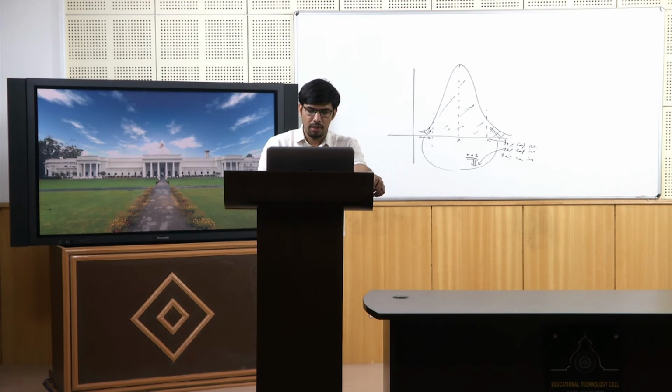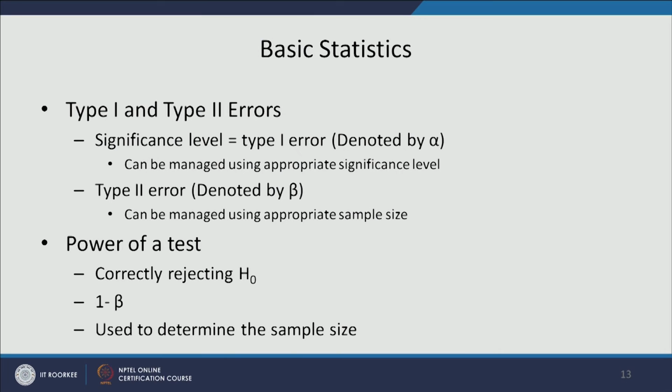So, you would see that the power of a test is computed using 1 minus beta, because whenever there is type 2 error, that reduces the power of a test in terms of correctly rejecting the null hypothesis. Therefore, 1 minus beta is called the power of a test.